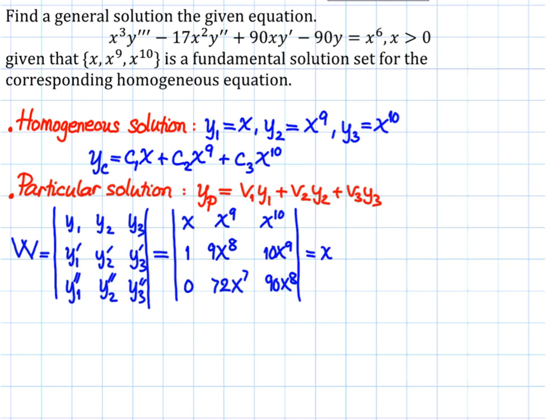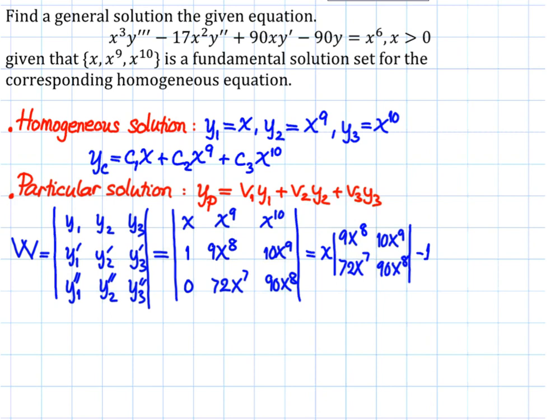So for x, if we cover the row and column of x, that's what we're left with: 9x to the 8, 10x to the 9, 72x to the 7, 90x to the 8, and then minus 1.